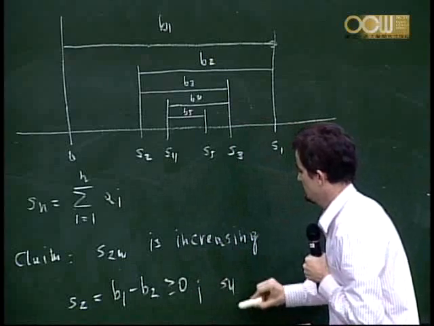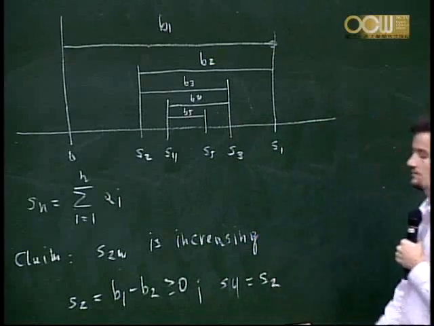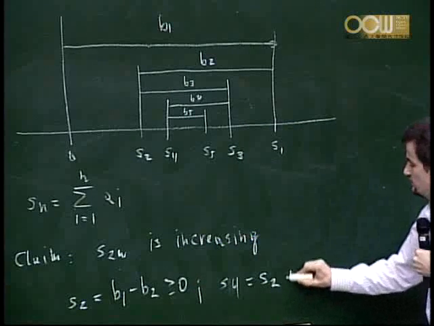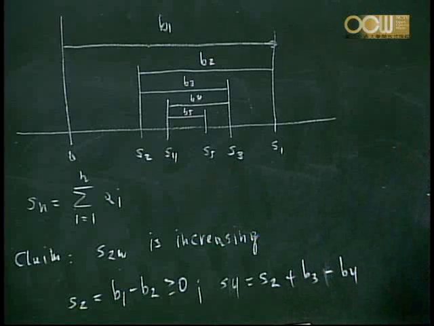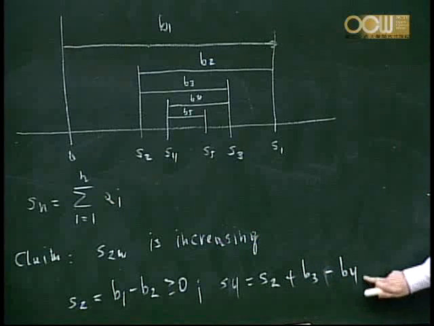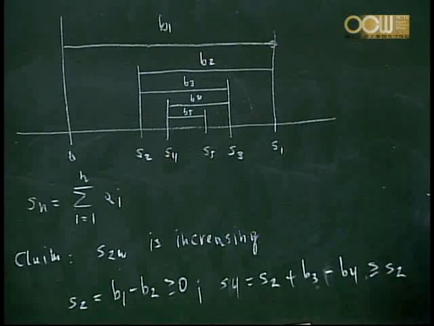Now let's look at S4. So S4 is certainly S2 plus B3 minus B4. But this one is getting smaller, so this will be larger or equal than S2. So S4 will be larger or equal than S2. And this already gives you the idea.